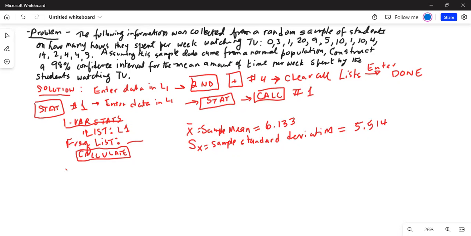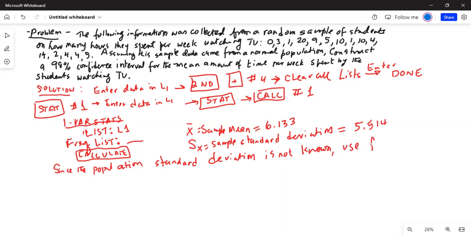Okay. Since the population standard deviation is not known, use formula for T interval.